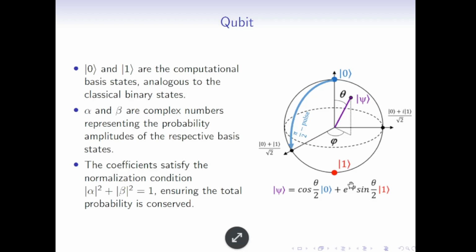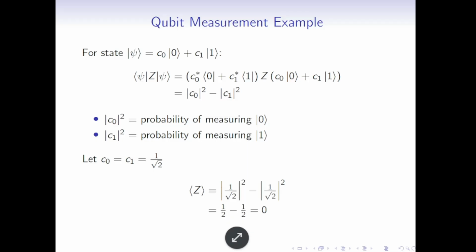Now the eigenstate of y can be this. It is a bit unusual, but it is very convenient to represent it. So this is very important.